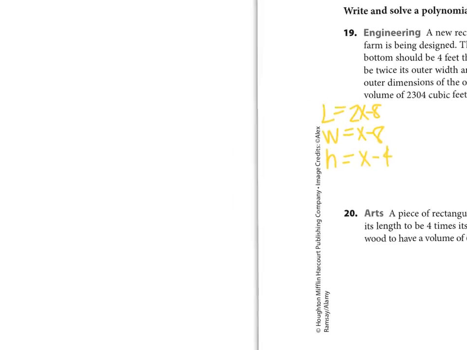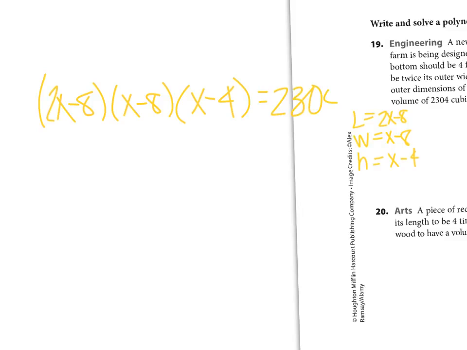So to find volume, I need to multiply my length times my width times my height. And what did they tell us our volume actually equaled? 2,304. So we know that all of this is equivalent to 2,304.